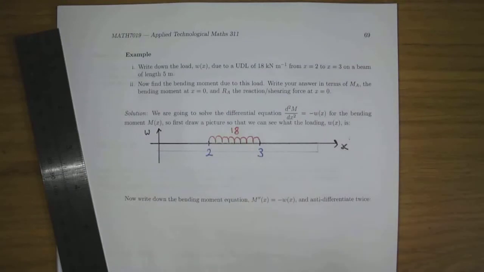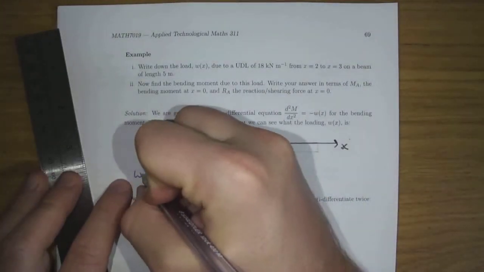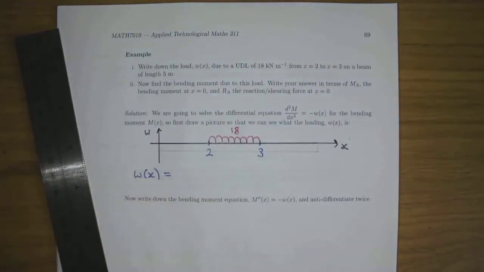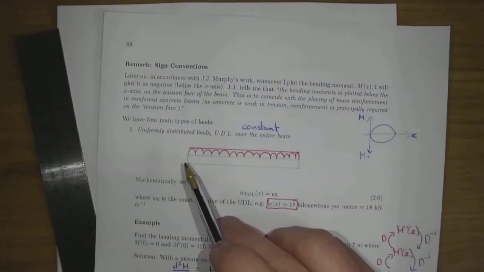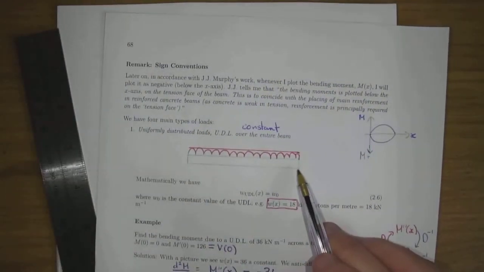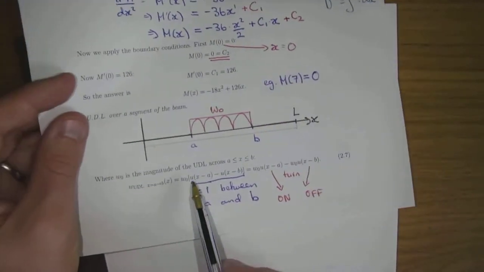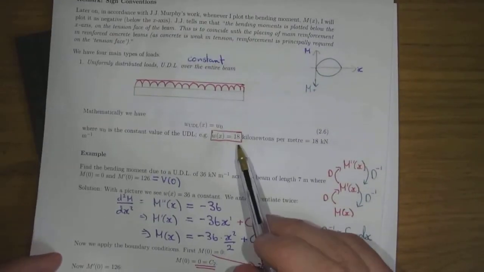Okay, so what we do is we'll turn it on and then turn it off. So W of x equals. Now, as I was saying before, with the constant load you could turn this on at 0 and off at the length, but it'd be stupid. Why would you use these complicated Heaviside functions when you can just use 18?